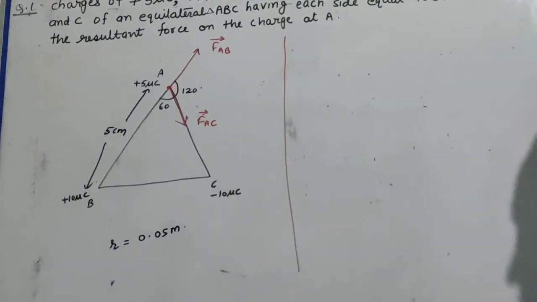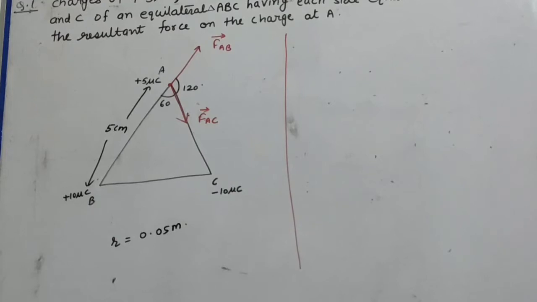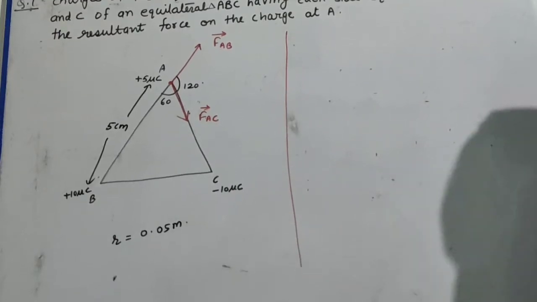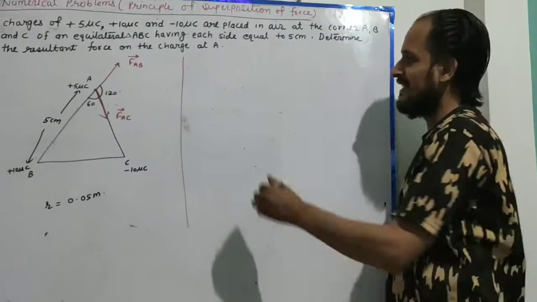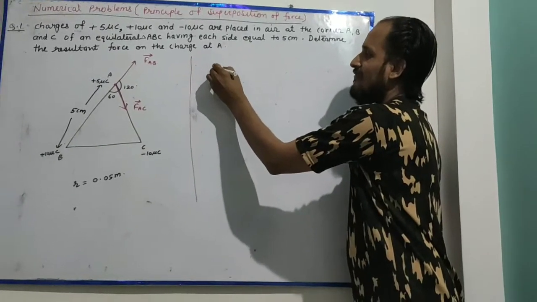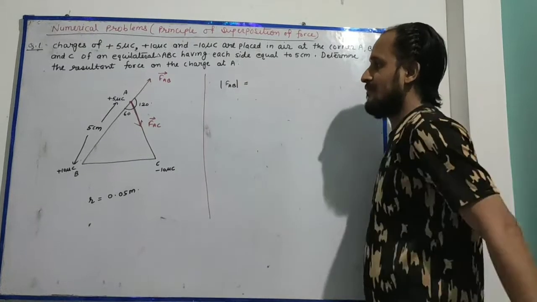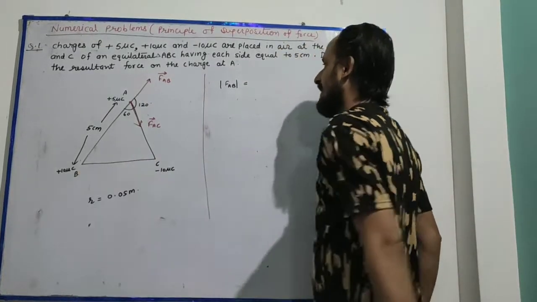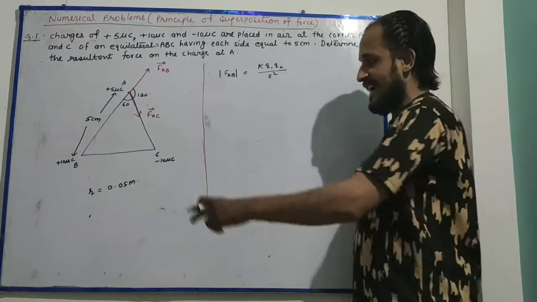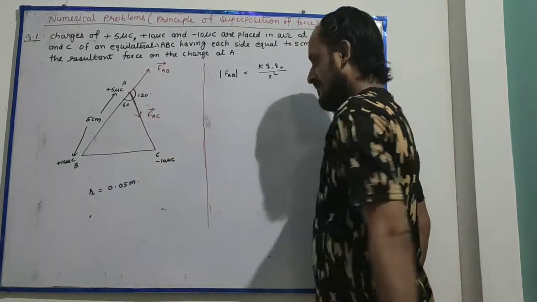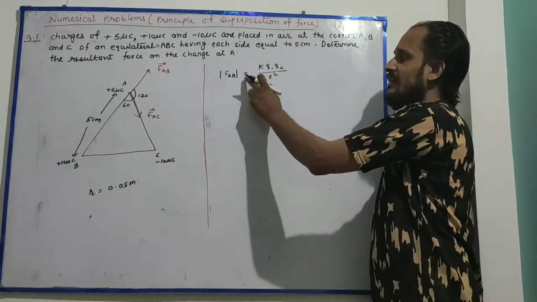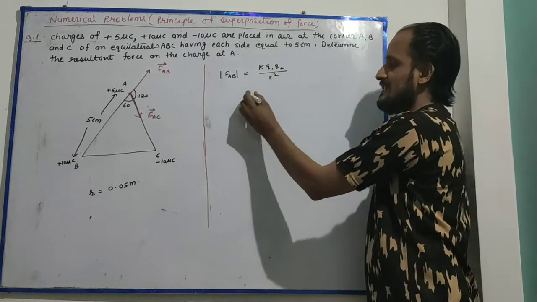You can convert the value provided in centimeter to meter. Getting? Everybody? Now, magnitude of FAB, that means the force exerting between A and B. It is FAB equals K Q1 Q2 upon R square.